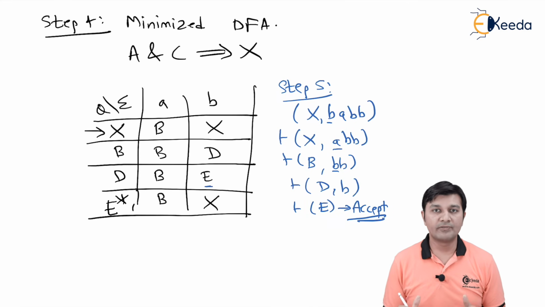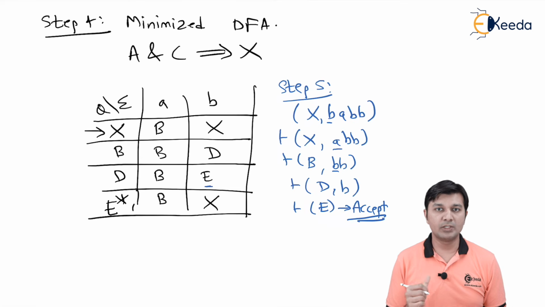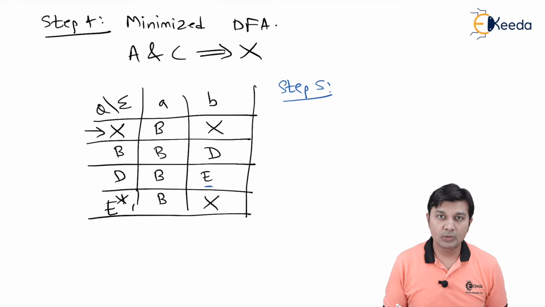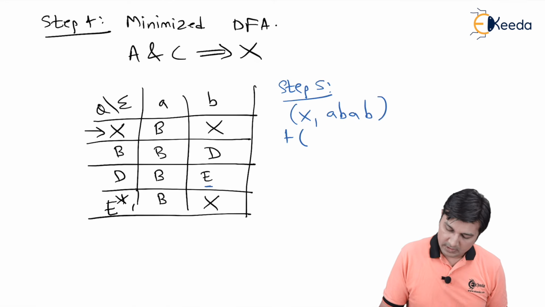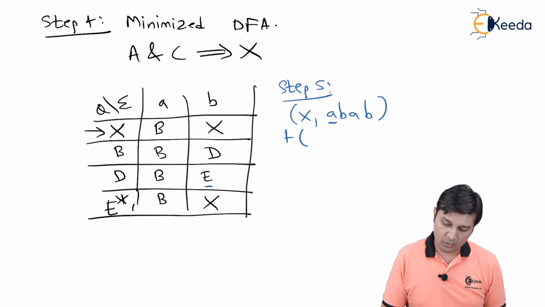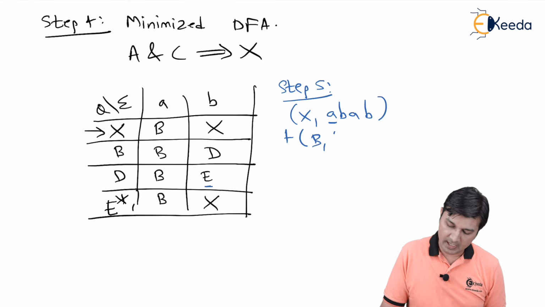That confirms that the DFA is working, but it is very important that we check the vice versa example also to confirm whether it is rejecting the strings not ending in ABB too. So let's do that now. So consider an example like X, A B A B. So it is not ending in ABB. Starting with X on A goes to B. I have BAB with me.